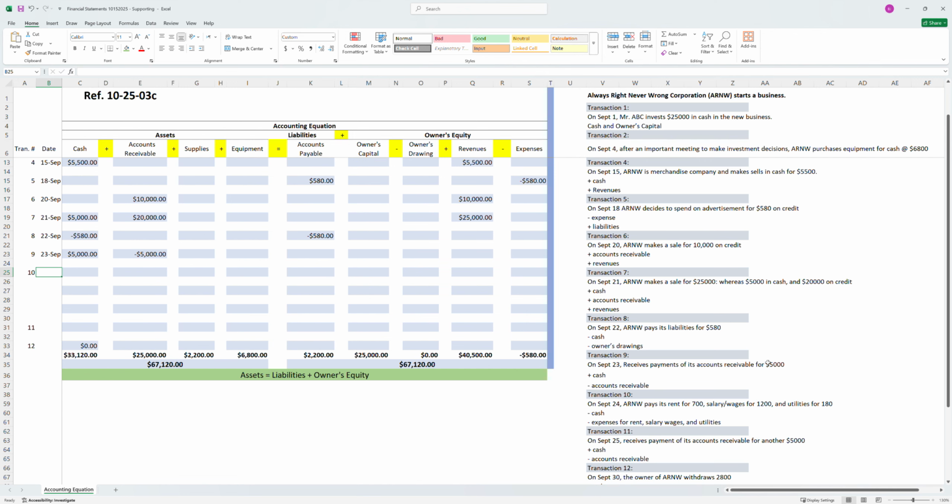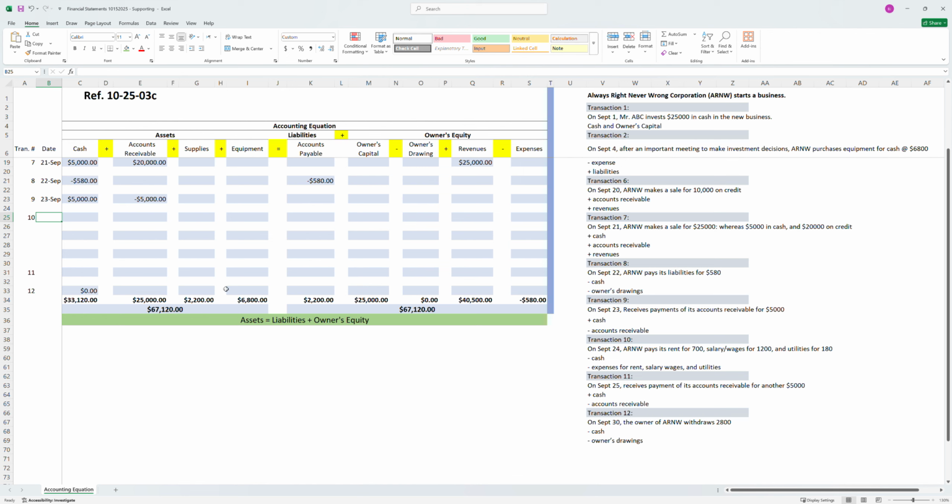Then transaction 10, it's an interesting transaction. It has multiple components: $700 is for rent, $1,200 is for salary and wages, and $180 is for utilities. So let's put on the expense side first. So minus $700, again, just for beginners, rent is considered an operating expense.